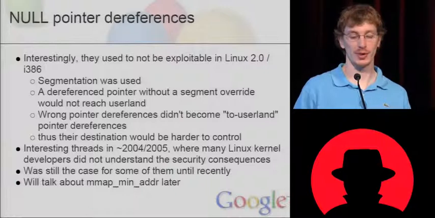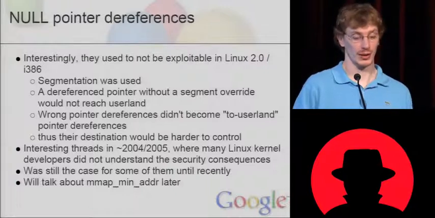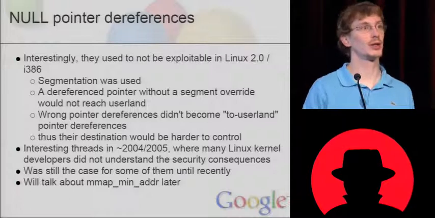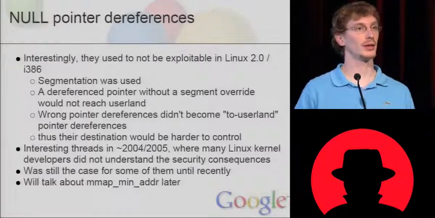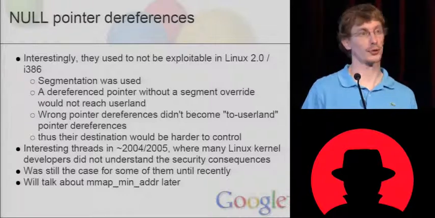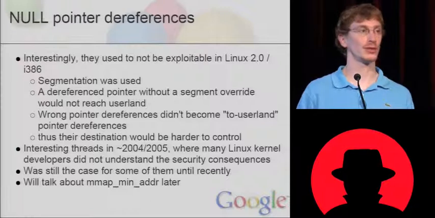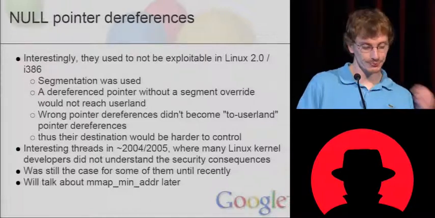So if you were familiar with Linux 2.0 and the versions before that, actually segmentation was used, and the kernel had its code base and its data segment base both above page offset, so basically above all userland data and code.